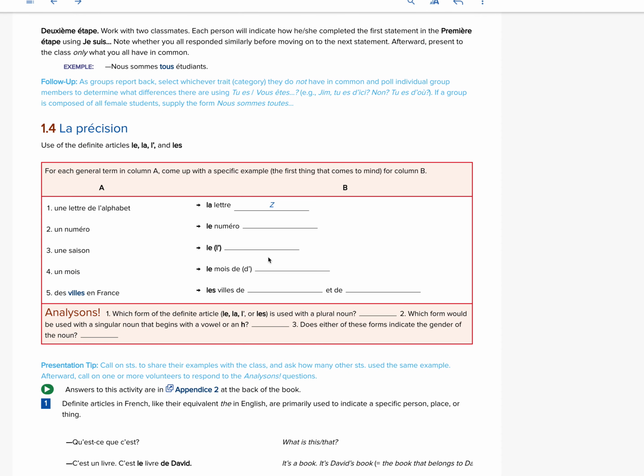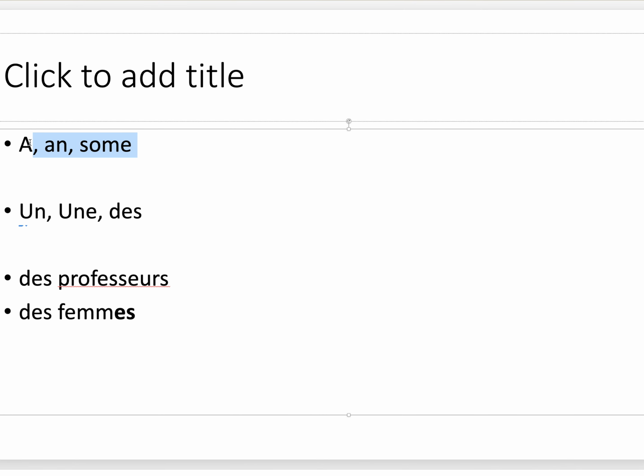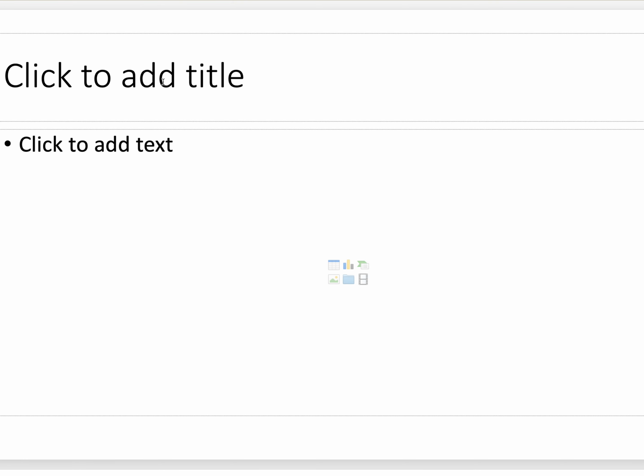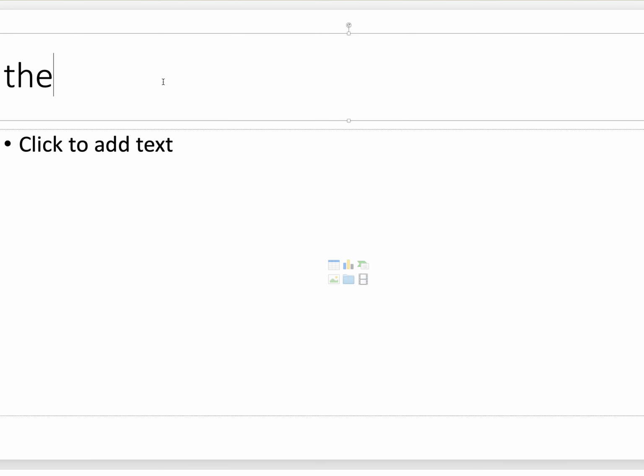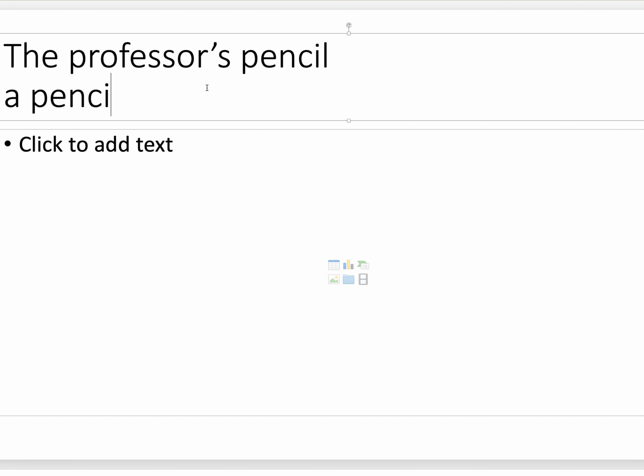Okay? And finally, we saw at the beginning of our lesson the indefinite articles, a, an, and some, right? Well, the definite article in English is the word the, right? It is very specific, right? The professor's pencil. It's not just a pencil, right?